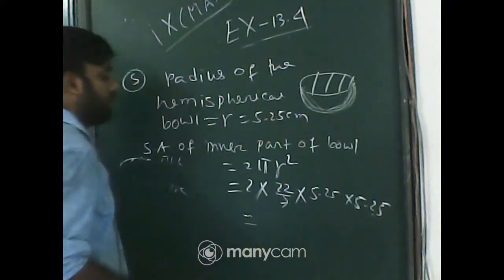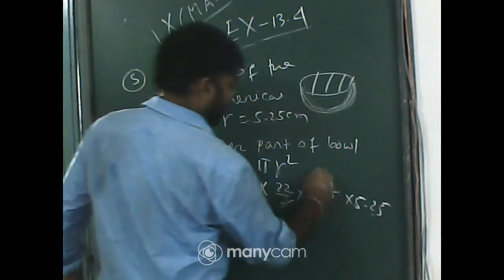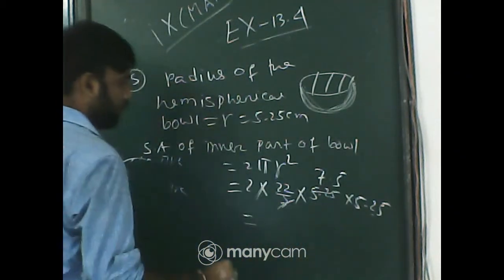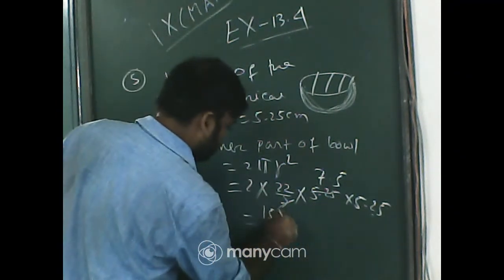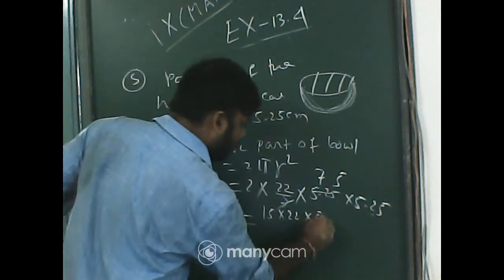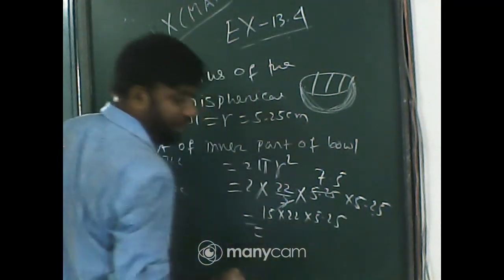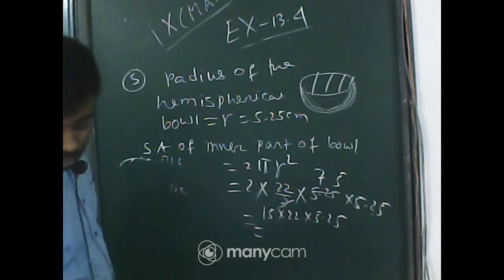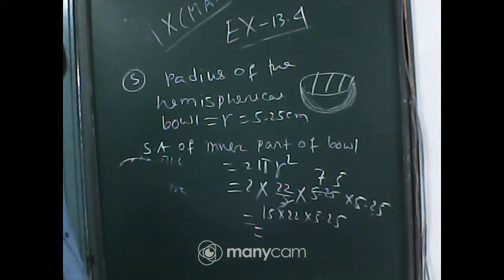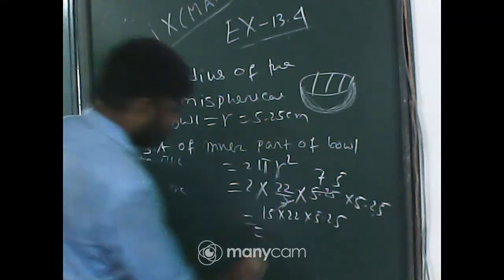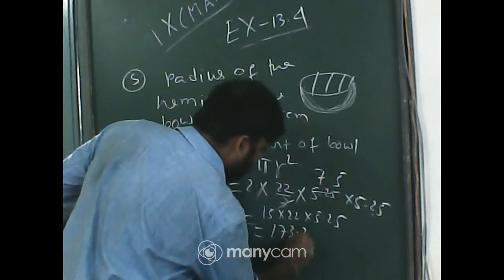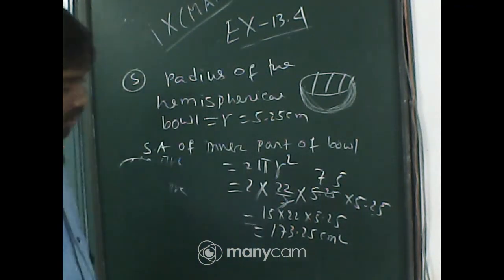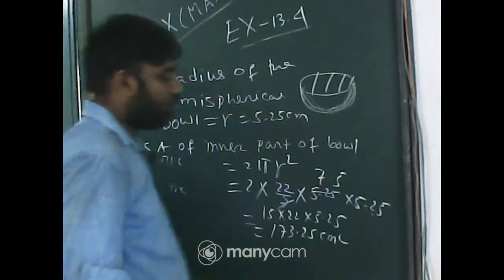So multiplying, it will be 173.25 centimeter square. Now what will be the cost?